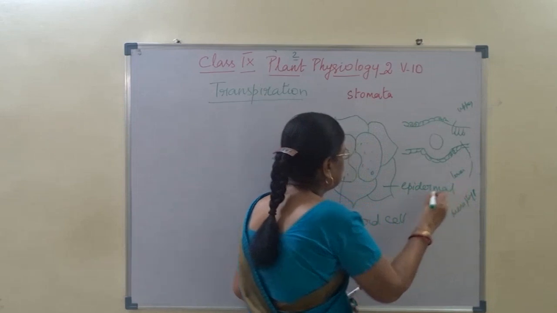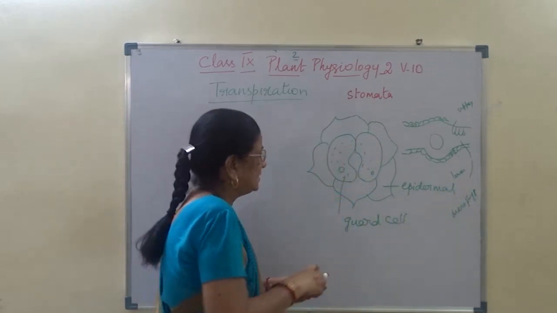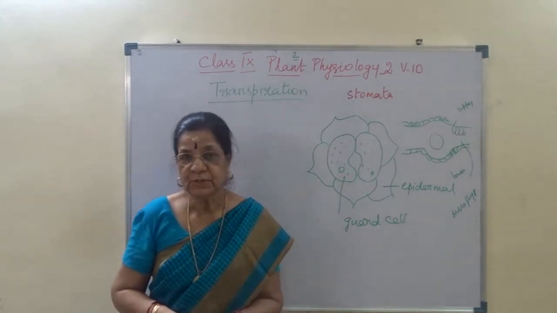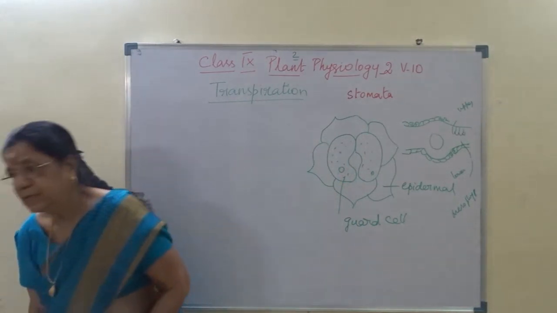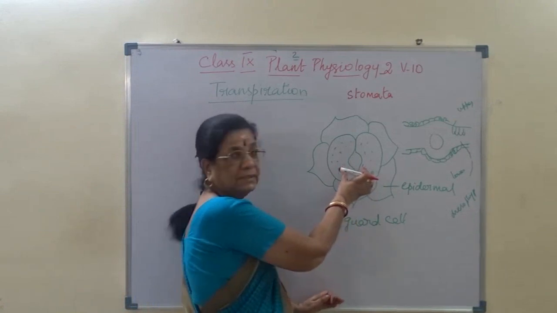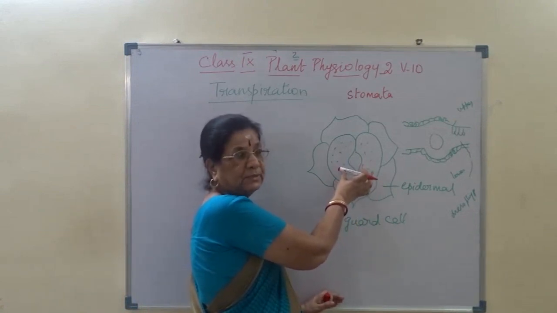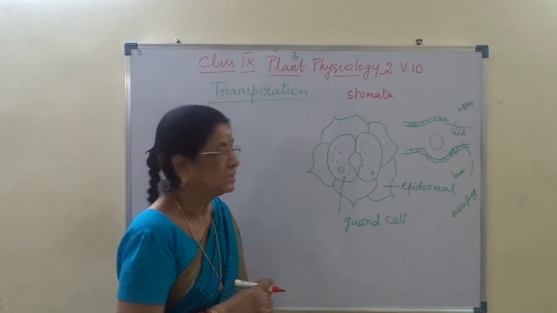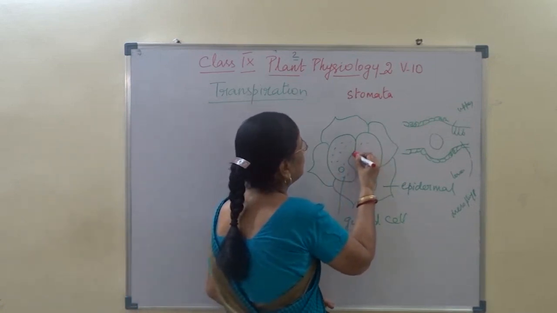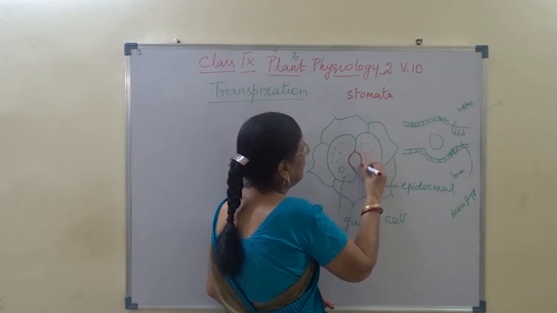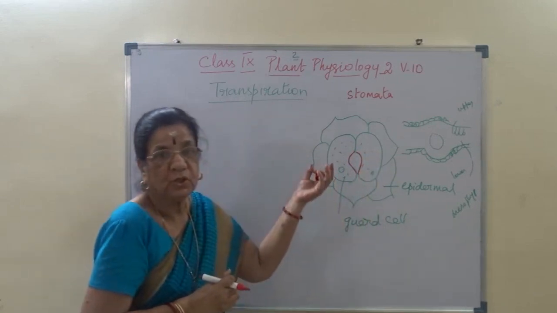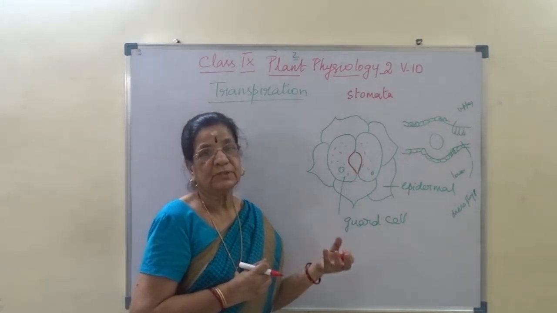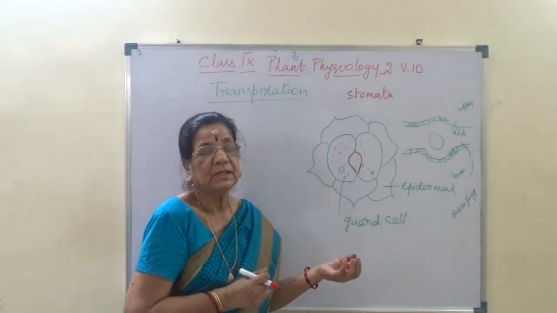Now this stomata, the guard cells, have chloroplast and the nucleus. Now this center portion, by opening and closing of this guard cell, the exchange of gases is taking place.